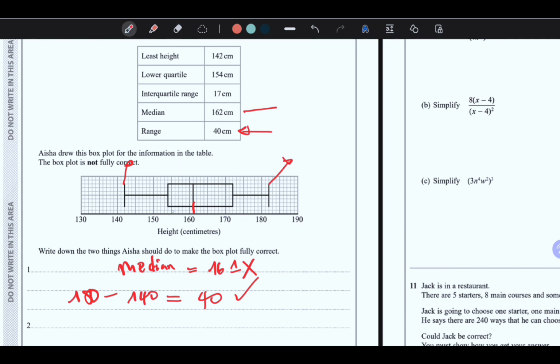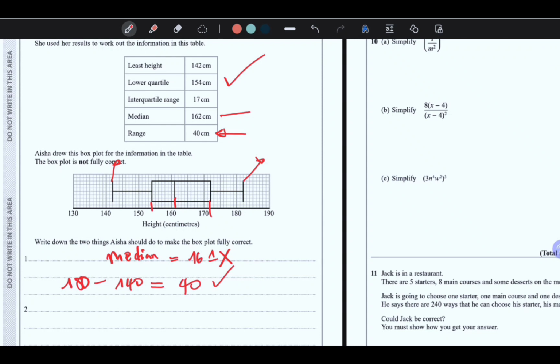The lower quartile is 154 on her box plot, which is correct, and the upper quartile would be 172. Well, the upper quartile was not given, but they gave us the interquartile range. So let's work out the interquartile range, which is the upper quartile 172 minus the lower quartile 154, and that would be 18.